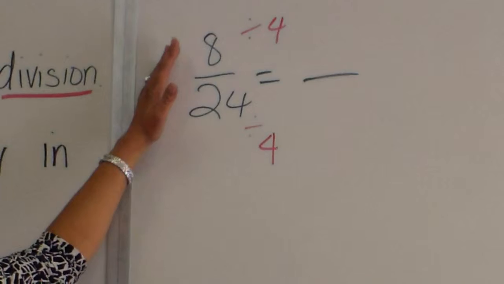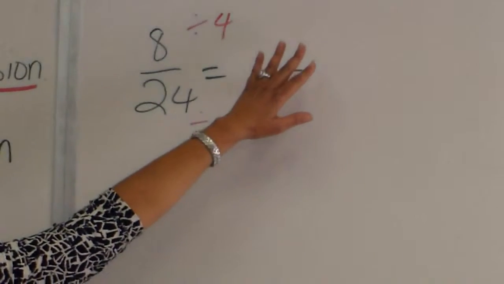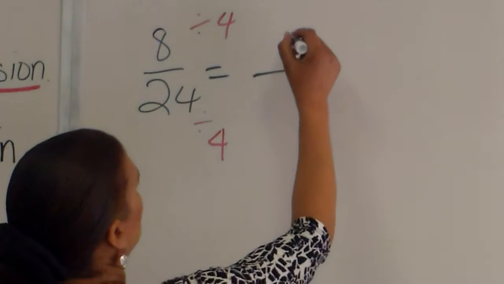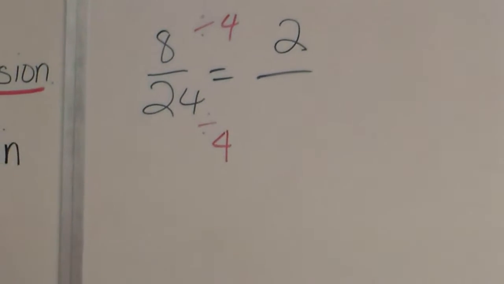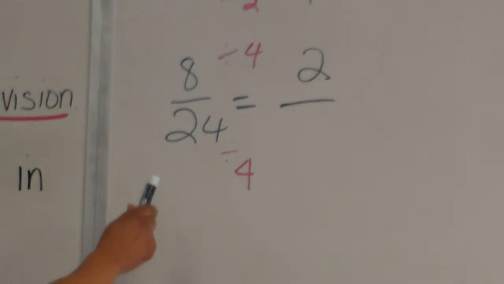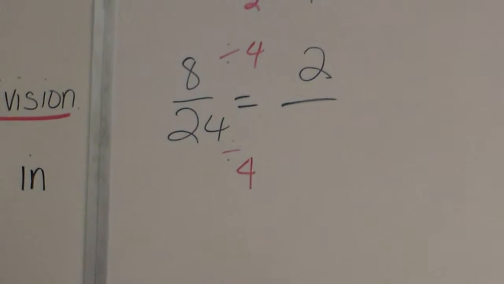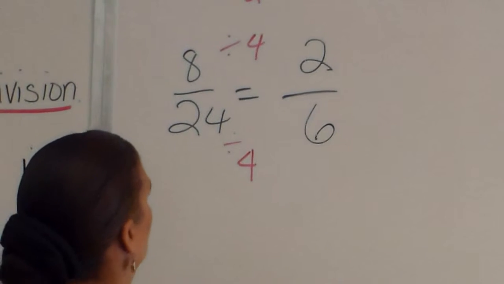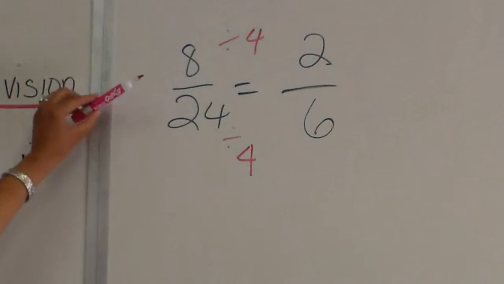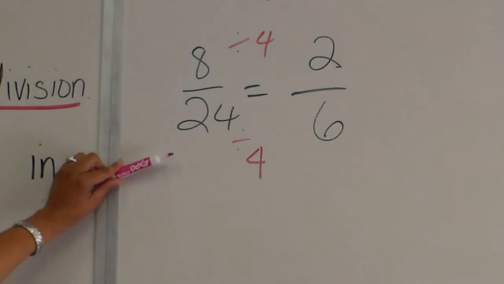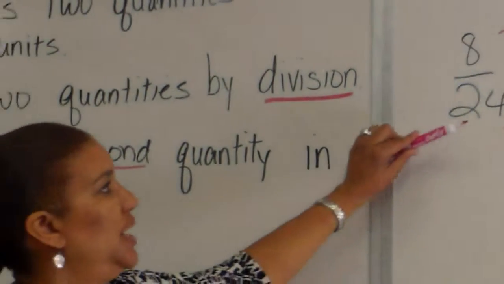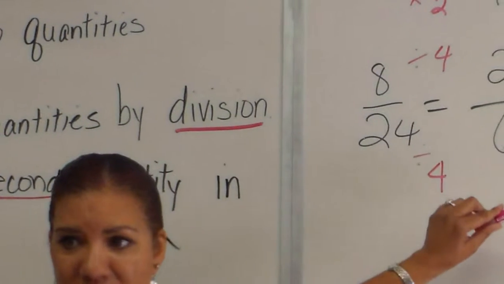So 8 divided by 4 equals 2, 2 on the top. And 24 divided by 4 equals 6. Okay. So the ratio of 8 to 24 is equivalent to the ratio of 2 to 6.